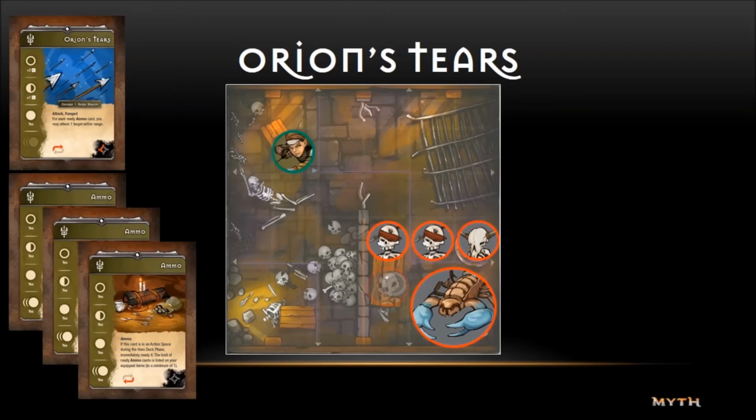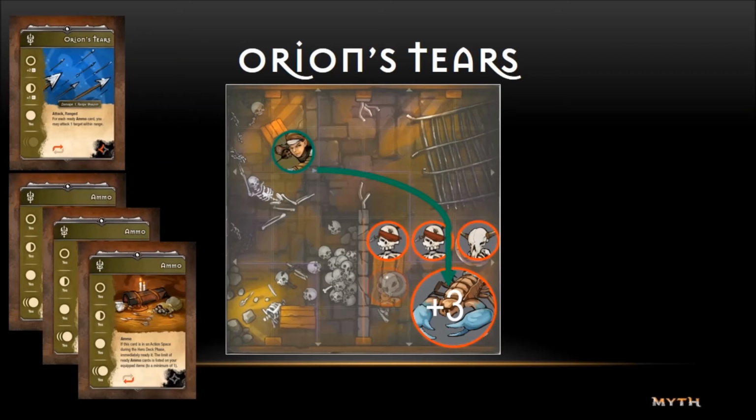I'll bring on a couple more targets. These are within line of sight and within range. And so let's talk about how the archer can distribute these three arrows in this particular example. The very first thing I could do is take all three of those arrows and fire them into the captain.